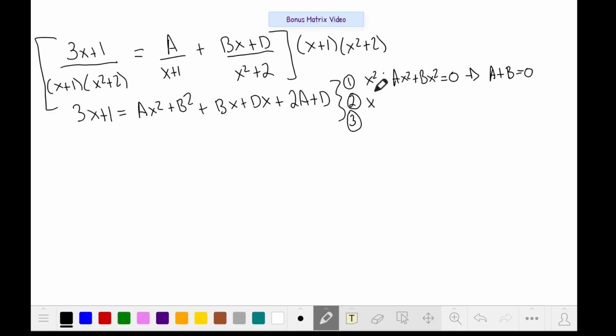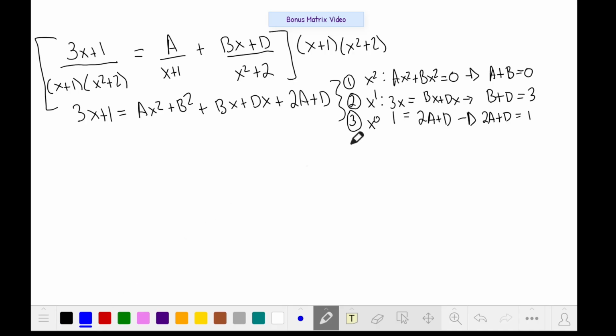For the x to the power 1 term, we had 3x equals bx plus dx, or in other words, b plus d equals 3. And then for the last and final expression of x to the 0, or the non-x term, we had 1 is equal to 2a plus d. So in other words, 2a plus d equals 1.